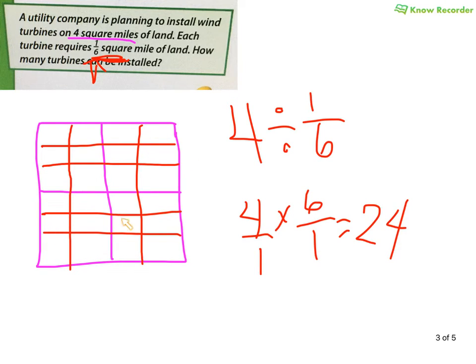All right, so what am I going to have total? How many turbines can I install on the entire 4 acres? Because that's what they care about. Well, I would do each one. I have 1, 2, 3, 4. 1, 2, 3, 4, 5, 6. It's an array. 6 times 4, 24. I can put 24 turbines on these 4 acres.